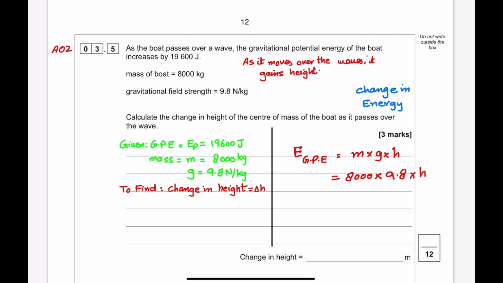We need to find the height, and the gravitational potential energy which is given is 19,600. To find the height, we have to make it the subject, so the other terms go on the other side of the equation. So by using the calculator, the answer is 0.25 meter.